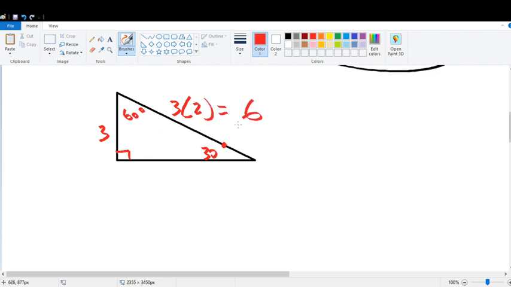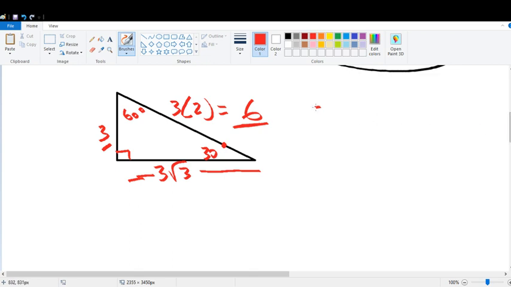So in this case, hypotenuse is 6. And the longer leg, or the leg opposite to the 60 degree angle, will be the short leg, 3, times root 3. Always. So whatever the short leg is, you multiply that times root 3 and you get the long leg.